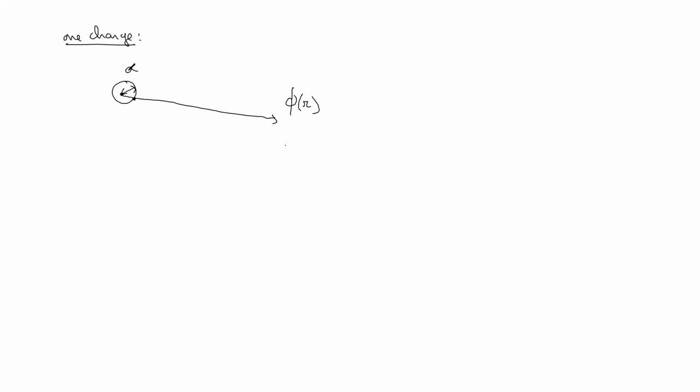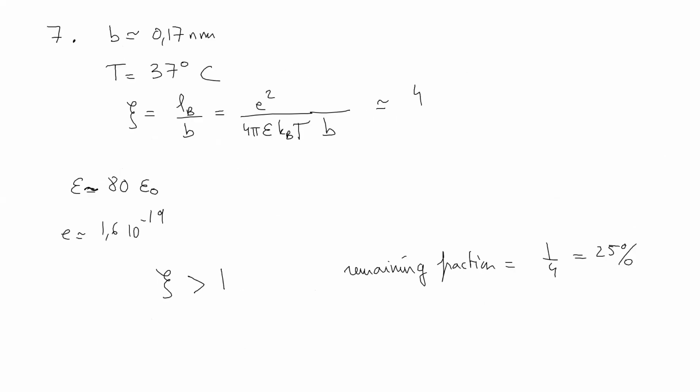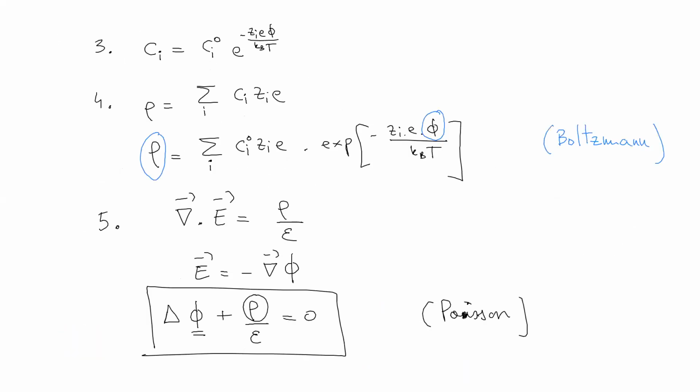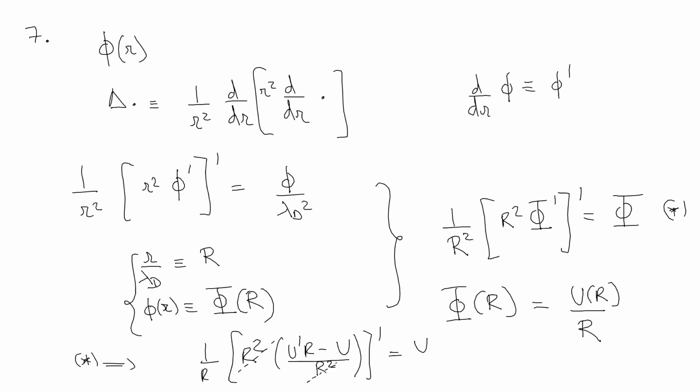All right, so let's apply Gauss theorem again. Due to the symmetries, the potential is radial, the electric field is radial at the boundary here, and you have 4 pi a squared, which is the surface of that ion. And this is the Gauss theorem, so it should be equal to the charge of that ion. And remember, in this view of a test ion that was drawn, the center was the test ion of species J. So we know the charge of that guy.